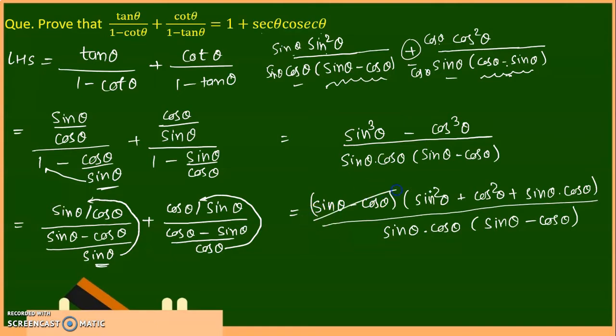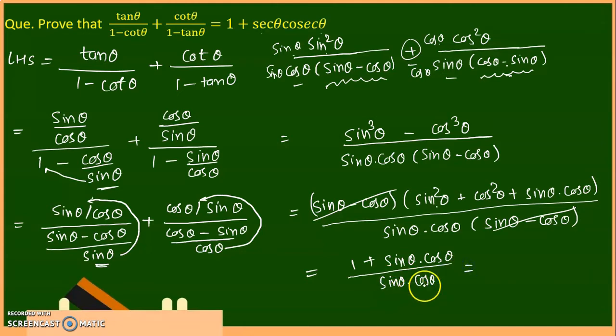So here this sine theta minus cos theta will be cancelled out. Now this sine square theta plus cos square theta becomes 1. So here we get 1 plus sine theta multiplied by cos theta divided by sine theta into cos theta.